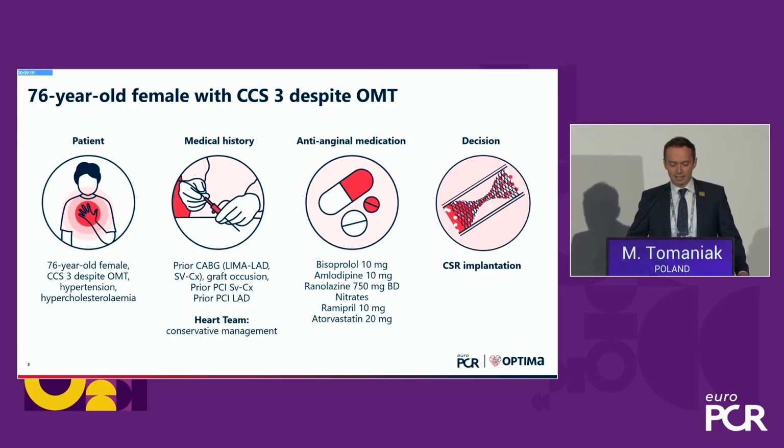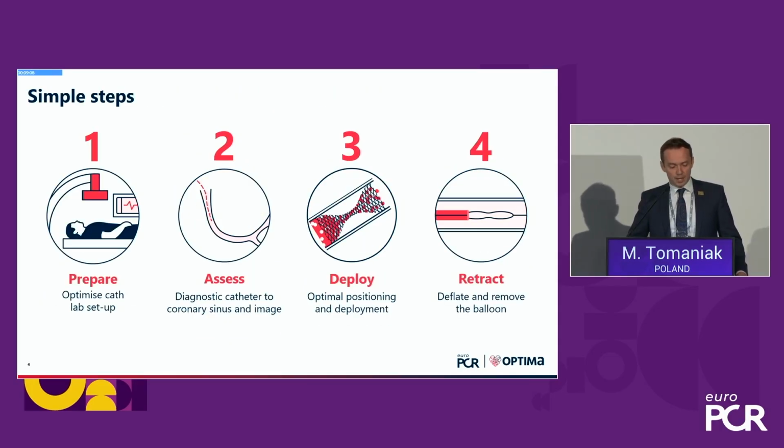However, she still experienced debilitating angina that severely impacted her quality of life. Therefore, we qualified her for coronary sinus reducer implantation. And I did it following this simple four-step approach, which I will briefly overview with you now.